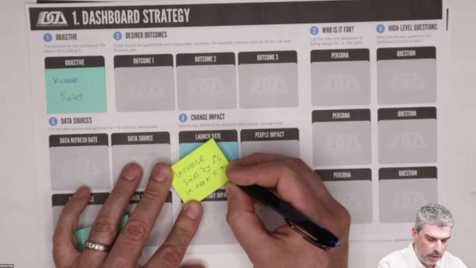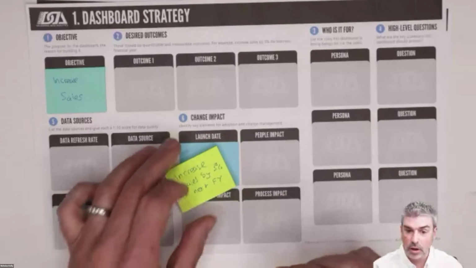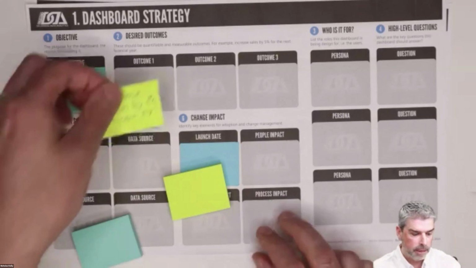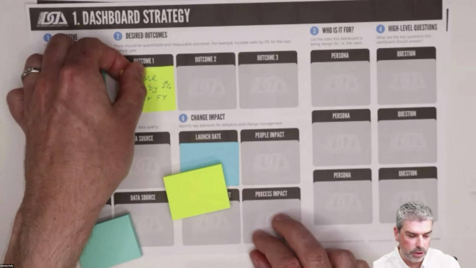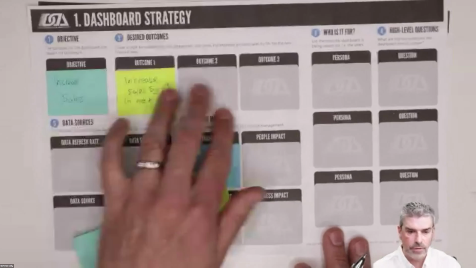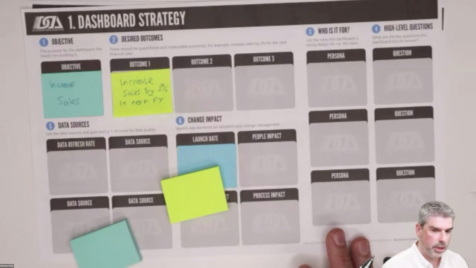Okay, so it's one thing to say increase sales by 5%, but it's like, yeah, well, over 100 years? Like, what is it? How are we holding ourselves accountable? So it's in general good to apply a time period, right, to any of these goals. And you don't have to have three. You can just have one. It's all good, right? So you can keep it simple.